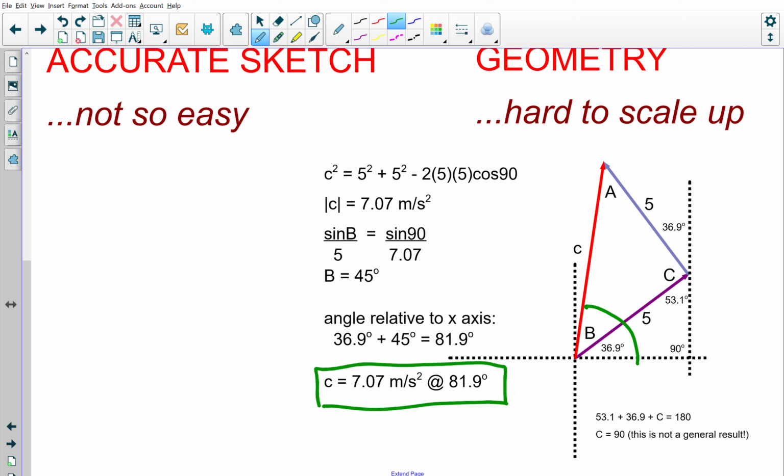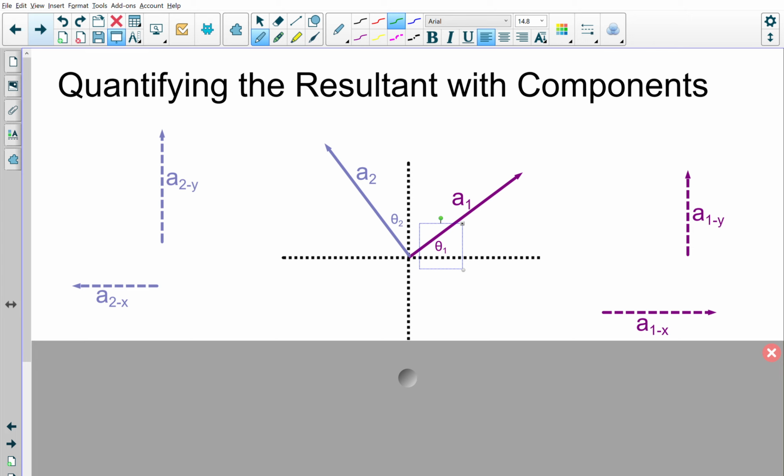So it's good to keep in our mind that the actual resultant here, using the law of cosines and the law of sines, and you need them both, comes out to a little over 7. It's the square root of 50 at 81.9 degrees, counterclockwise to that x-axis, which is the traditional way we give angles in math class.